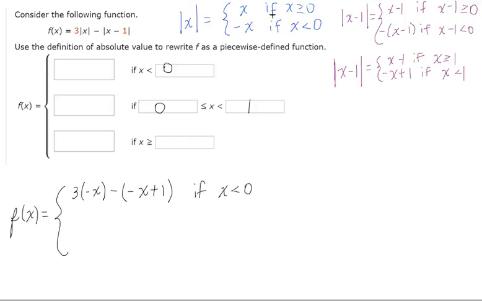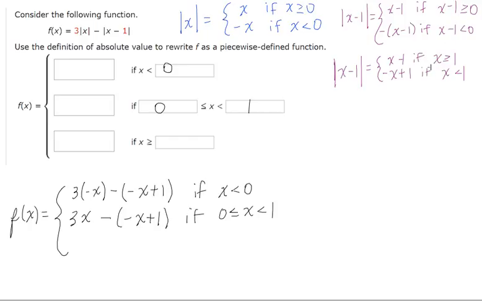So let's see, if we're between 0 and 1, then absolute value of x is defined by plain x. So the first term is 3x. But absolute value of x minus 1 is defined by this, if x is less than 1. So it's defined by negative x plus 1. So minus negative x plus 1 if x is between 0 and 1.